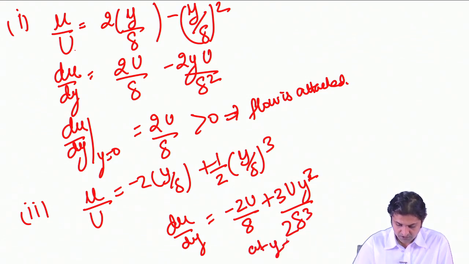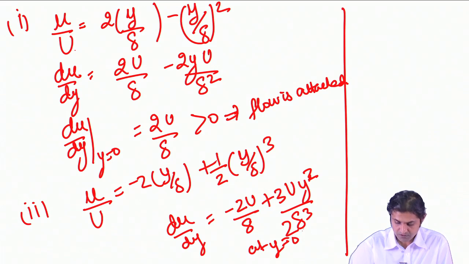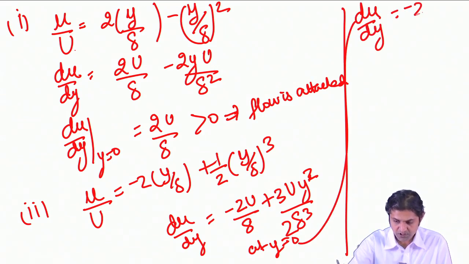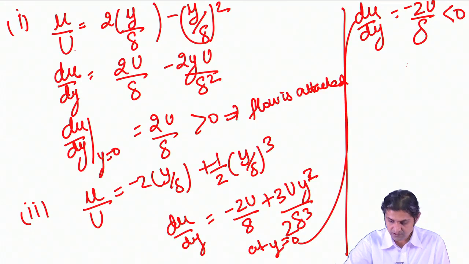At y equal to 0, du/dy is going to be minus 2U/delta, which is less than 0, which means separation has occurred.